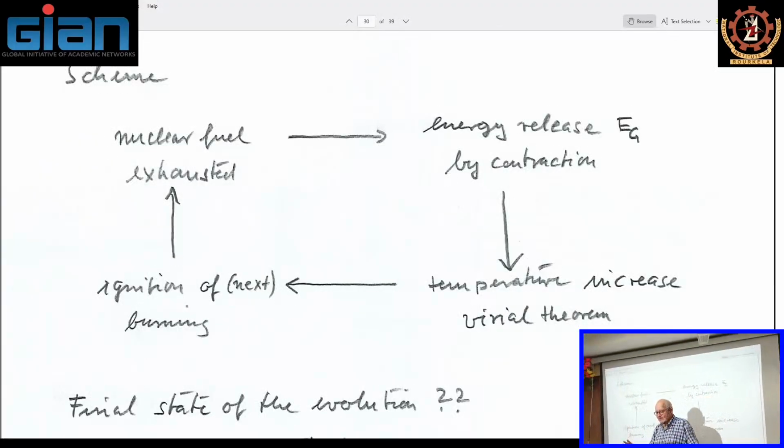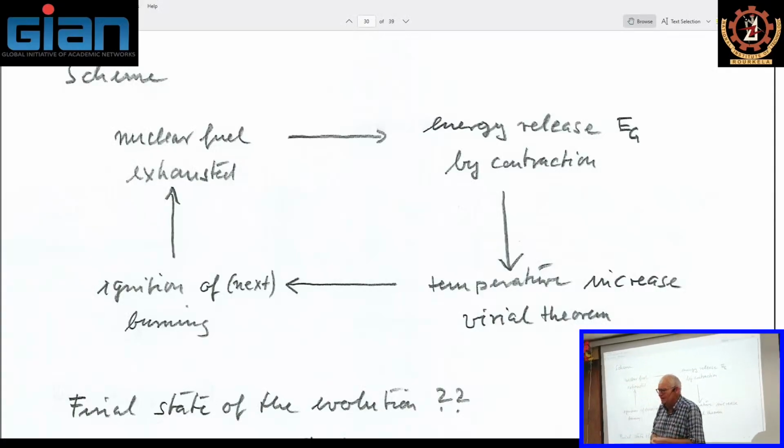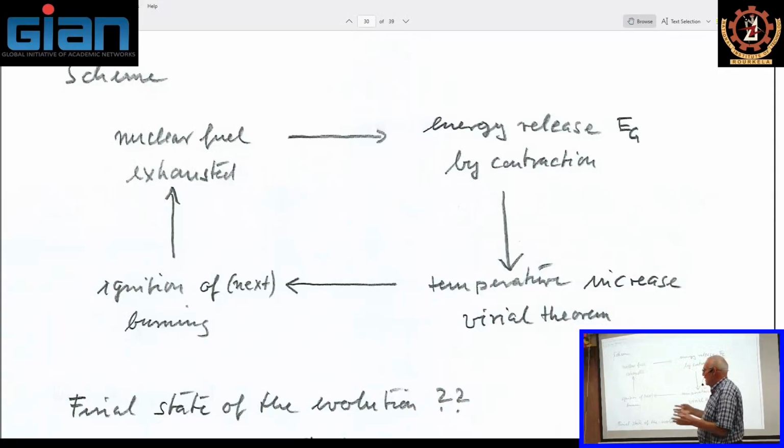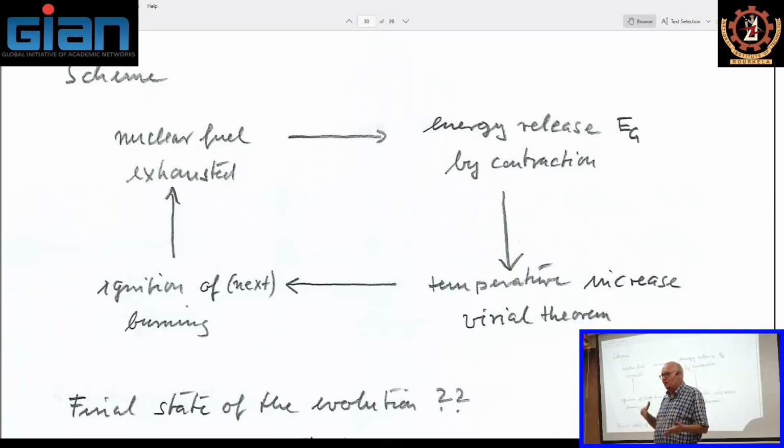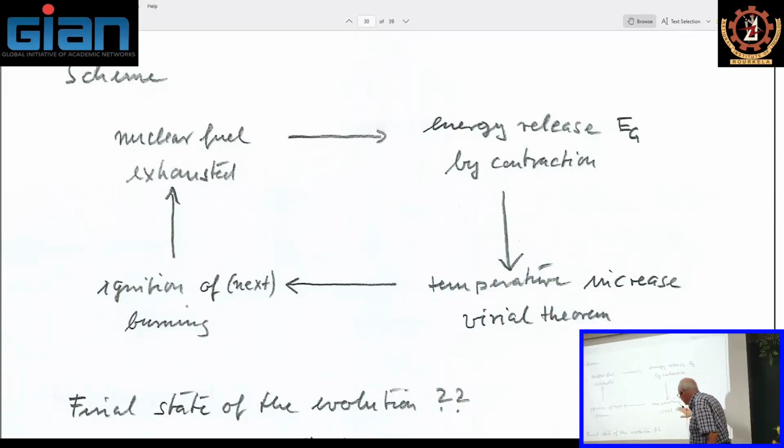Let's consider the star has had some burning phase and has powered its luminosity by nuclear reaction. At some stage, the nuclear fuel will be exhausted, and it still has to satisfy its luminosity-mass relation. So it has to take the energy, at least for some time, from the gravitational energy, by contraction. Then it will become hotter according to the virial theorem. The temperature will increase according to the virial theorem.